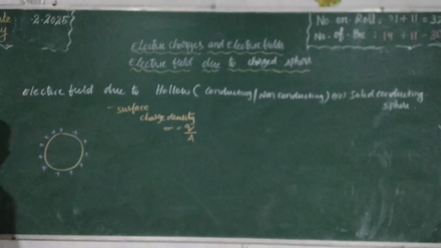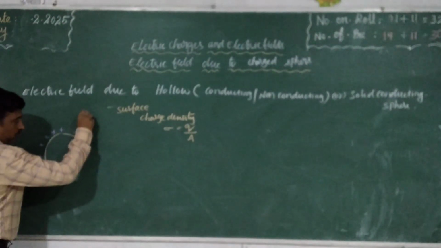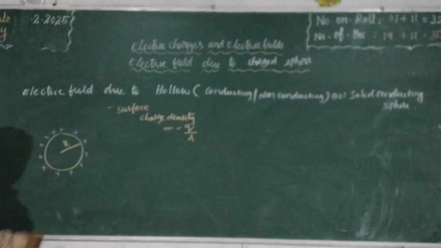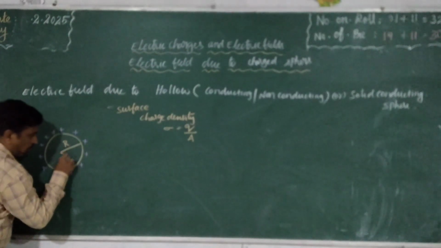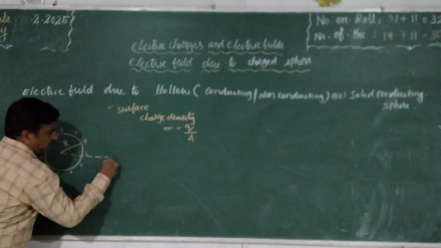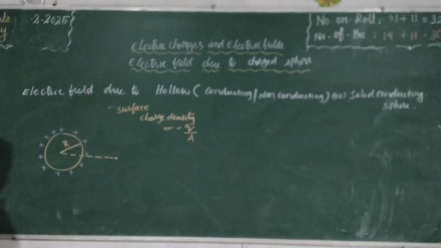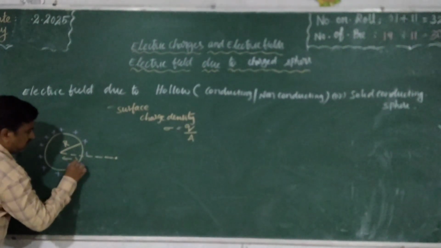In this one, the radius of the sphere is capital R. From the center, at a distance outside the sphere, at this point, we can draw the Gaussian surface. This radius is smaller.